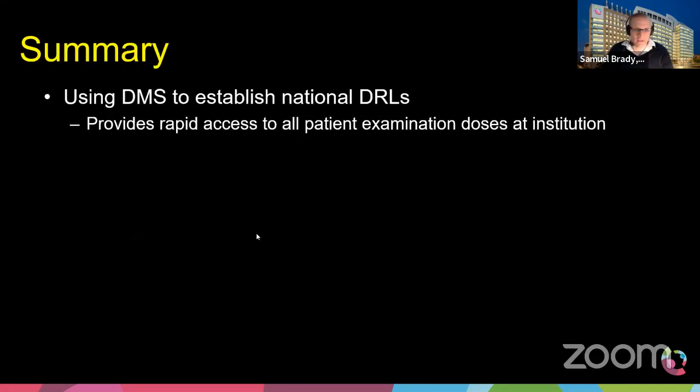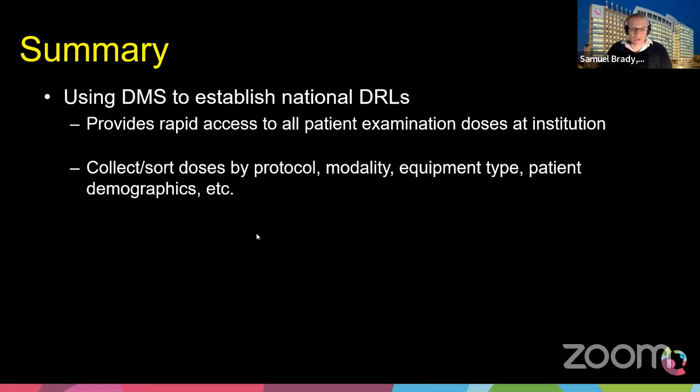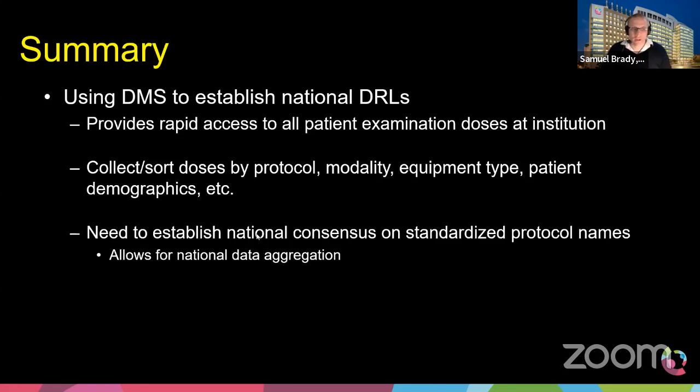So just in summary, I want to quickly review what we've talked about using dose monitoring software to establish DRLs. It really provides rapid access for us to collect our patient data and get that data to the national level. We can use this to collect and sort the protocols, the modalities, the equipment type, the patient demographics. Once you've set it up, it does it all for you.